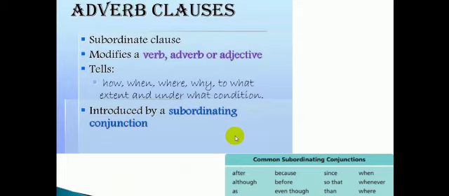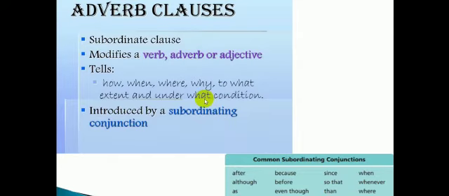Then we're gonna know about the adverb clause. Of course, it is subordinate. It modifies a verb, adverb, or adjective as any normal adverb, and it tells how, or it answers how, when, where, why, to what extent, under what condition. And it is started with or introduced by a subordinating conjunction, and we have here some of the subordinate conjunctions as we see: after, because, since, when, although, before, and so on.